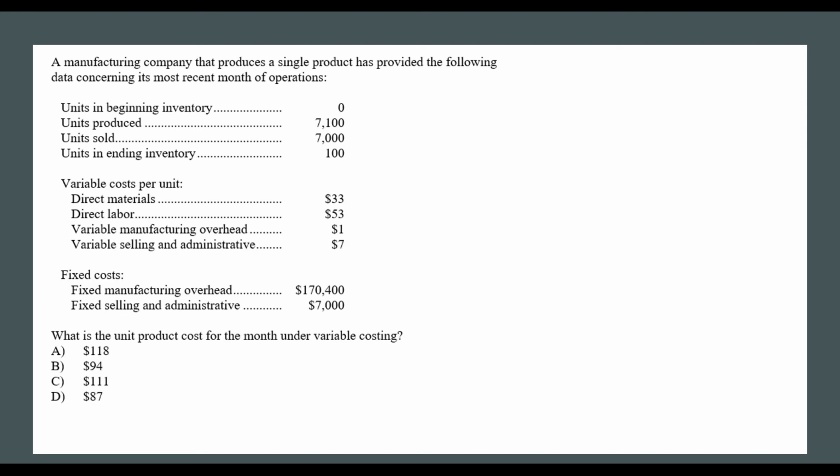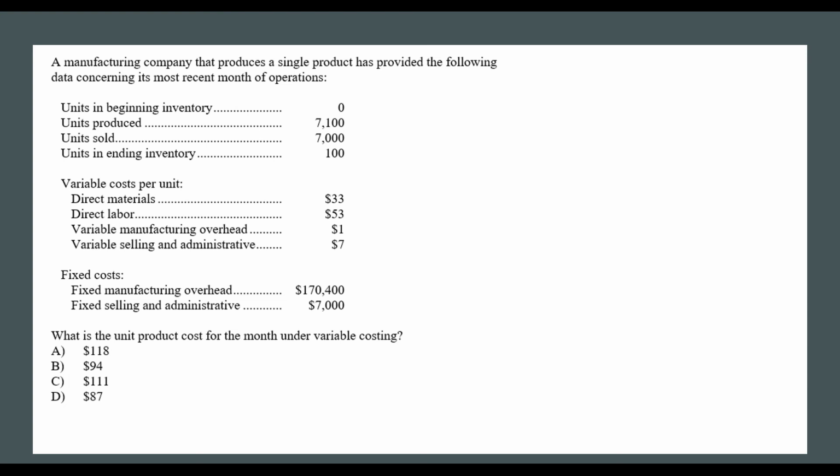Okay, next problem. A manufacturing company that produces a single product has provided the following data concerning its most recent month of operation. So we have here your units in beginning inventory of 0, units produced of 7,100, your units sold of 7,000, and of course your units in ending inventory of 100.